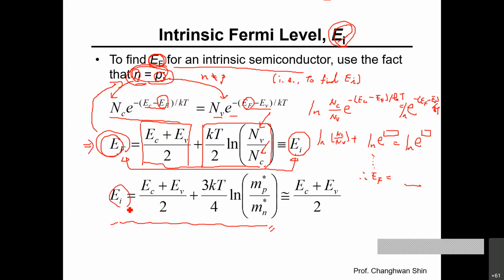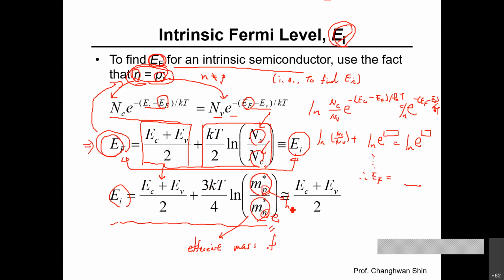E sub I is equal to the same term, (E sub C plus E sub V) over 2, plus a slightly different term, but instead of using the effective density of states, here we used two different terms: the effective mass, where n indicates electron and p indicates hole. So the effective mass of the electron or the effective mass of the hole, m sub p asterisk and m sub n asterisk.